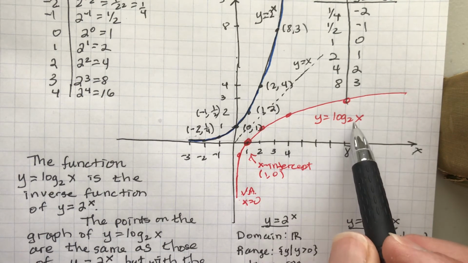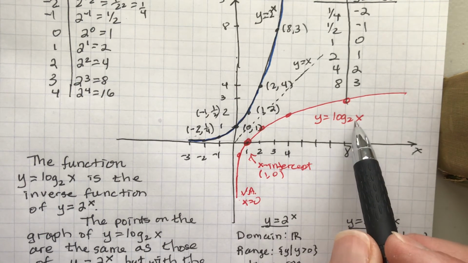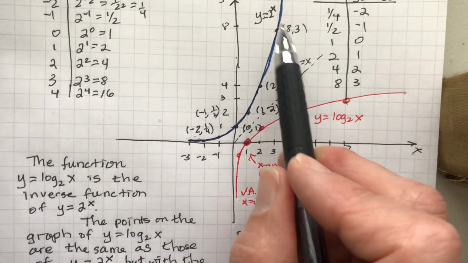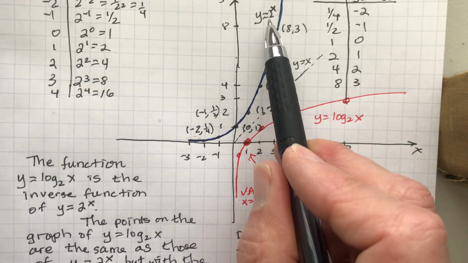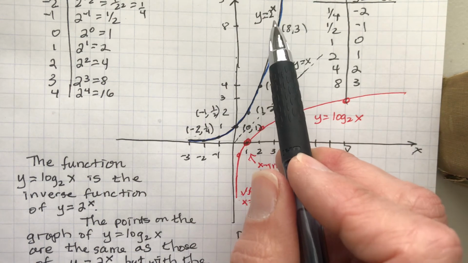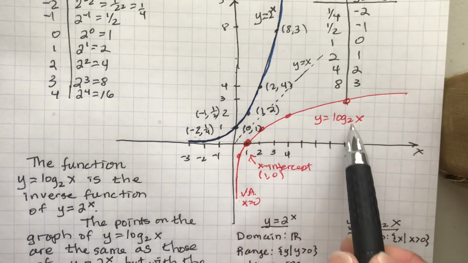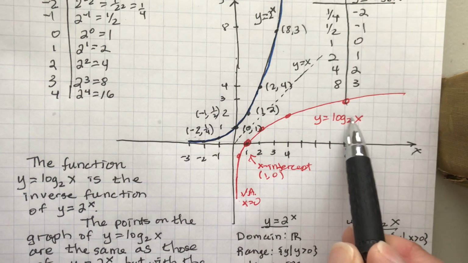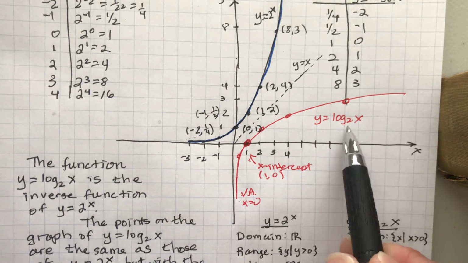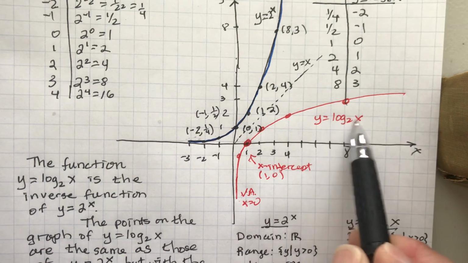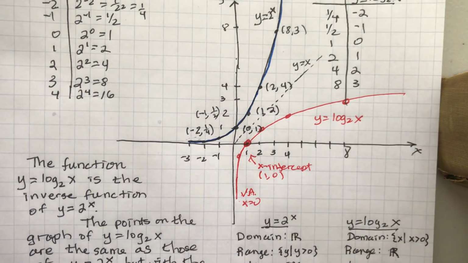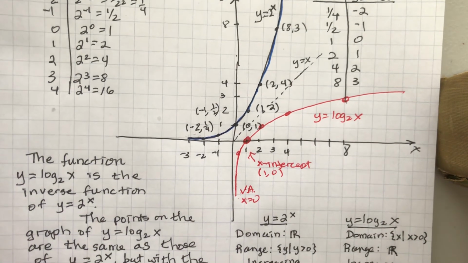So we talked about another number besides 2 that we can use for an exponent. This is 2 to the x. There's also something we use, which is e to the x. And we can also use e for our base here and have a natural log of x. And maybe we'll just do that right now.